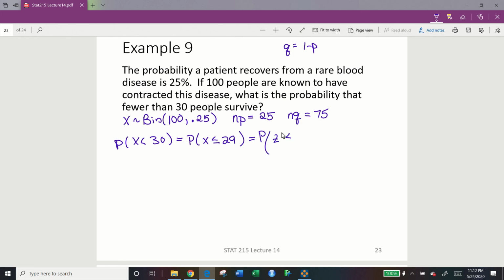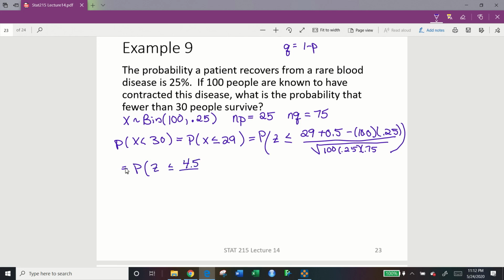So this will be z less than or equal to (29 plus 0.5 minus 100 multiplied by 0.25) over the square root of 100 multiplied by 0.25 multiplied by 0.75.